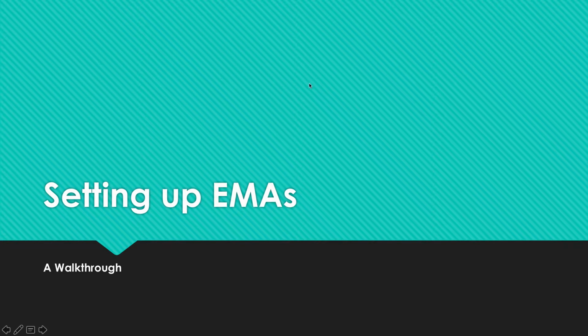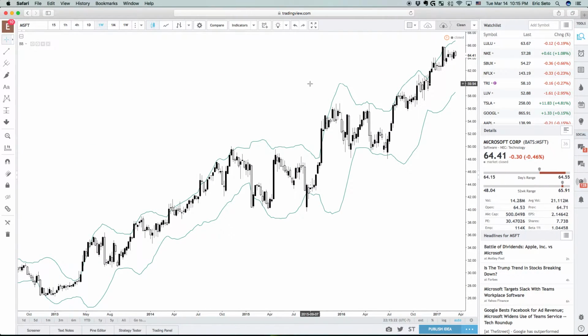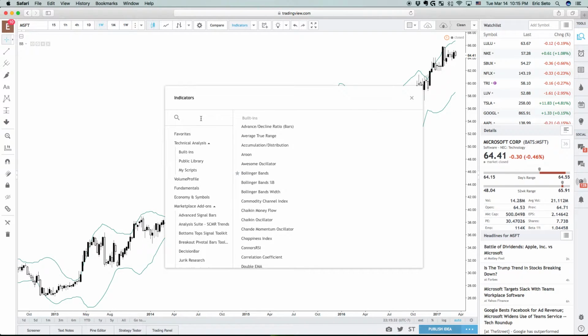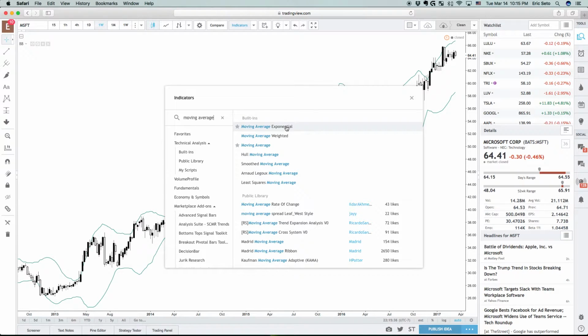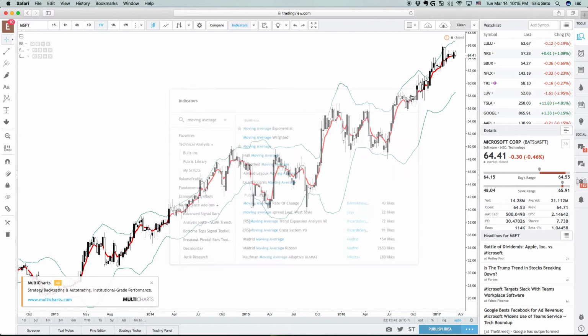So let's set up the EMAs. Going back to this Microsoft chart, indicator, okay, moving average. I favorited one of my moving averages, the exponential moving average. Add a 2 in there, so I clicked it twice.